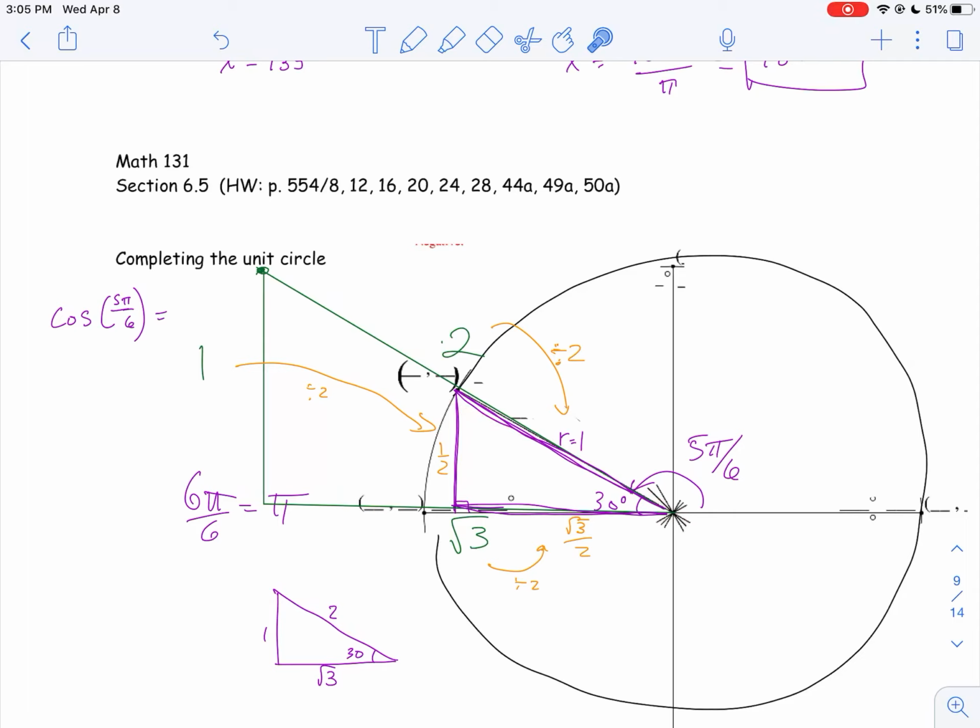You can see here, we can find the ratios for the small triangle based on the ratios of the large triangle. Now, back to cosine of 5 pi over 6. If I want to find the cosine of 5 pi over 6, I can use this small purple triangle.